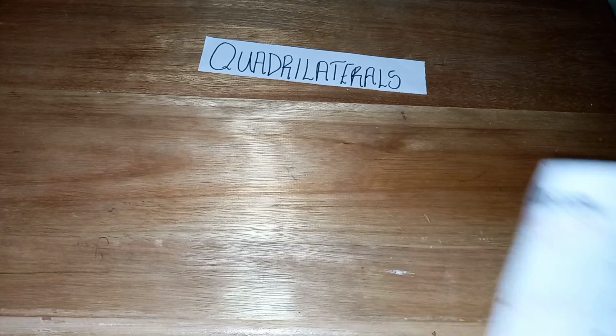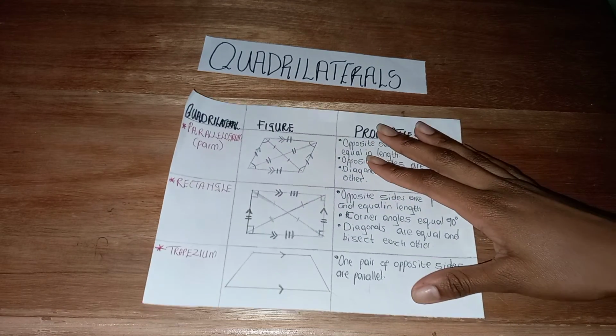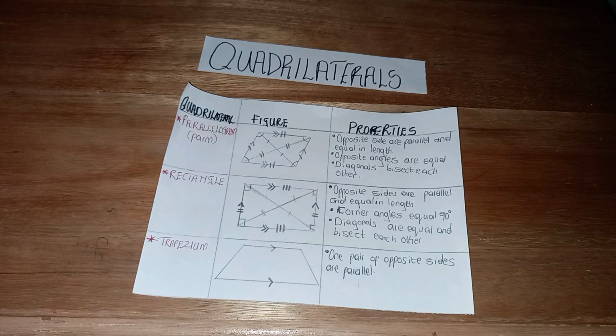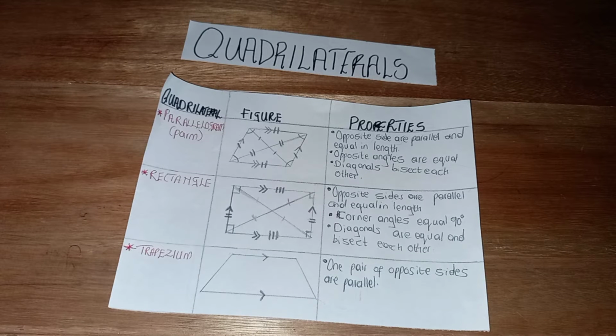In today's episode, we'll be discussing these 3 types of quadrilaterals. Sometimes they can give you a question and say prove that this shape we have given you is a parallelogram, or a rectangle, or a trapezium. So today I'll just be giving you the properties of these different kinds of quadrilaterals, and the properties that will help you prove that a shape is a parallelogram.